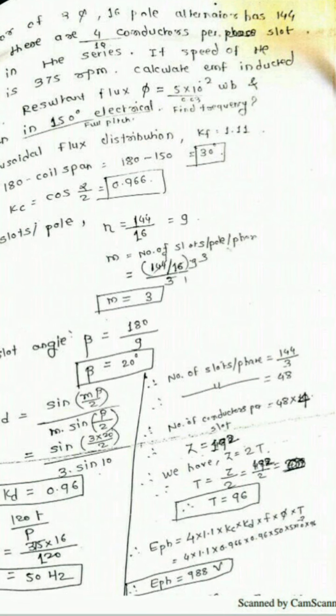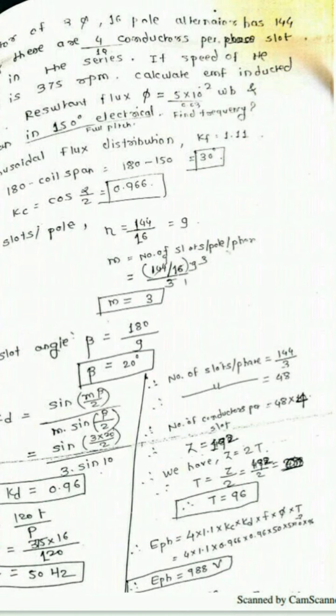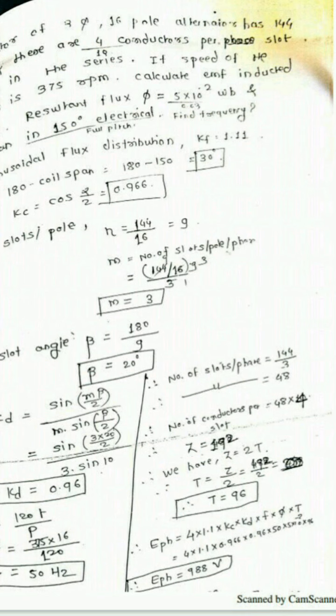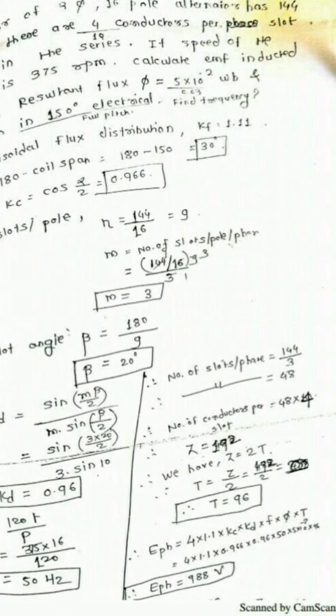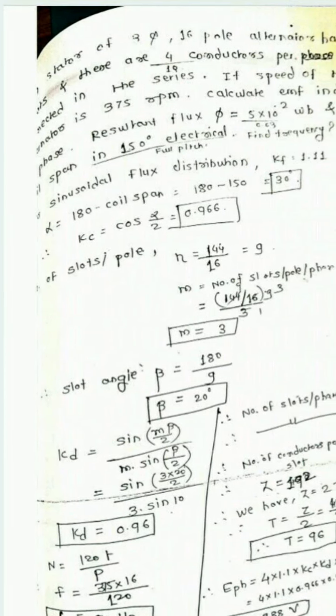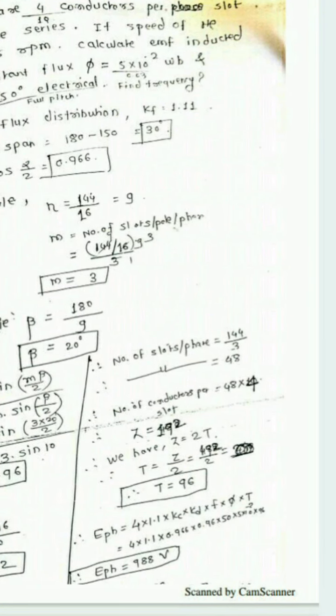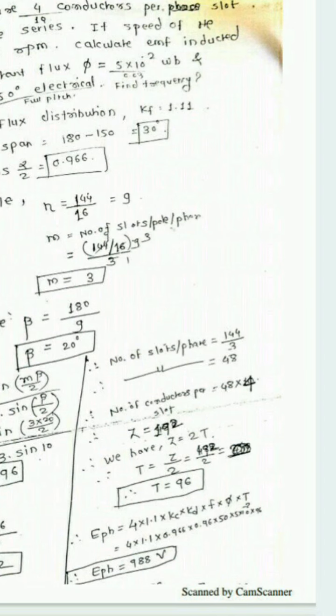We know the fundamental formula, Z is equal to 2 into T. We have the value of Z and want the value of T, so T is equal to Z by 2, that is 192 divided by 2, so the value of T is equal to 96.